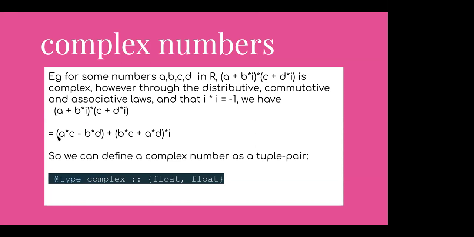So you've got a real number here, which is ac minus bd, and then you've got another real number, bc plus ad times i. So the takeaway here is you can define a complex number as a tuple pair, in which the two elements in the tuple are floats.